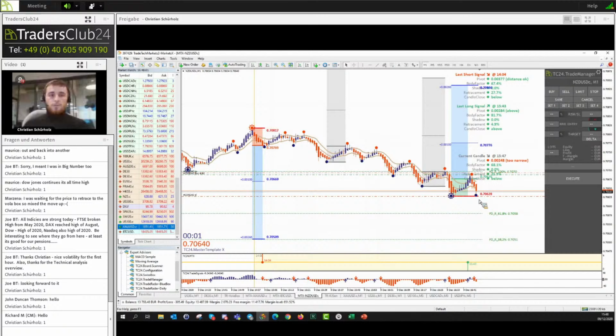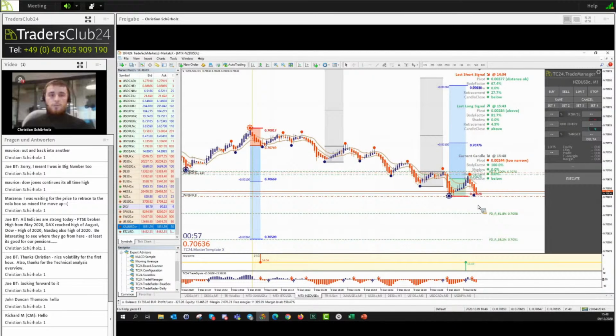Coming very close now to our stop loss here, which is looking like we're going to hit that stop loss. Yep. So that's our stop loss hit right there.